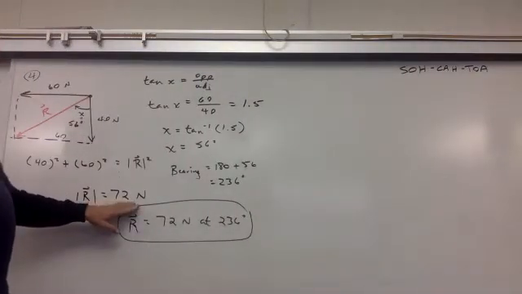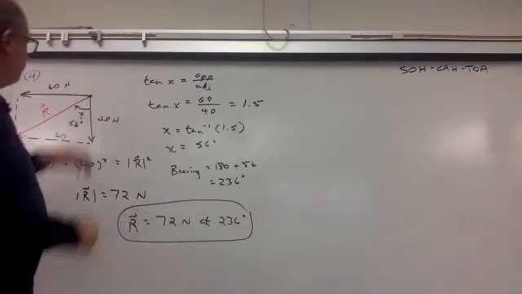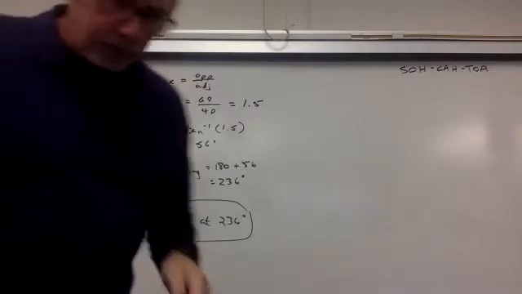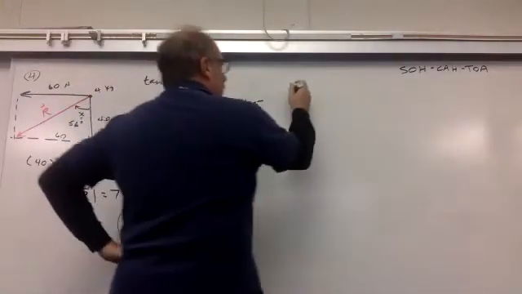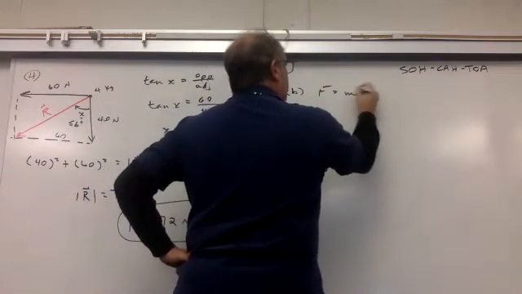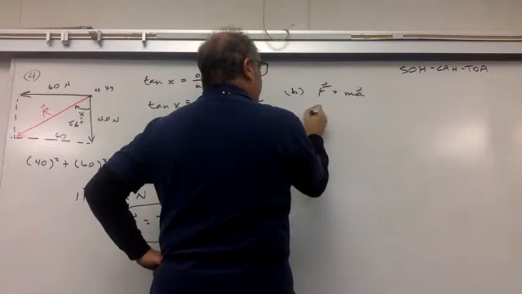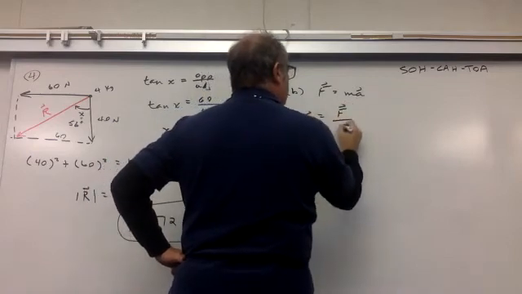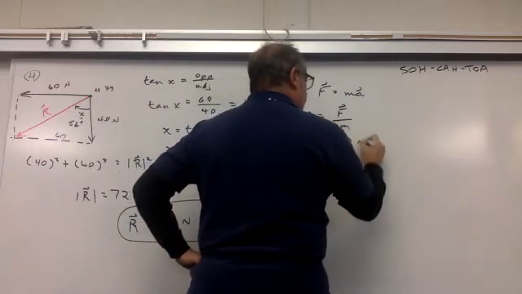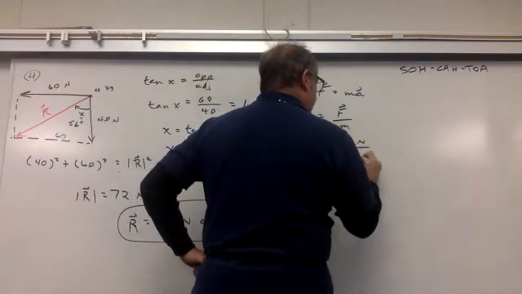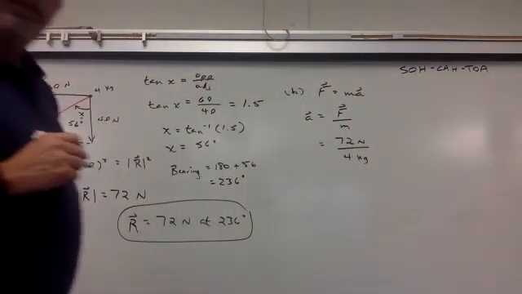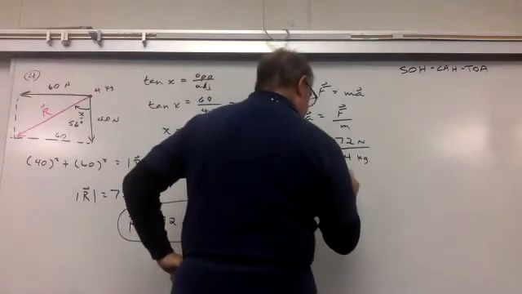If it's under a 72 newton force and the mass is 4 kilograms, I can find the acceleration by Newton's second law. The acceleration is the force divided by the mass, so 72 divided by 4, which is 18.